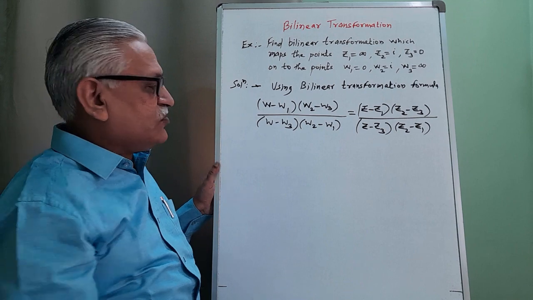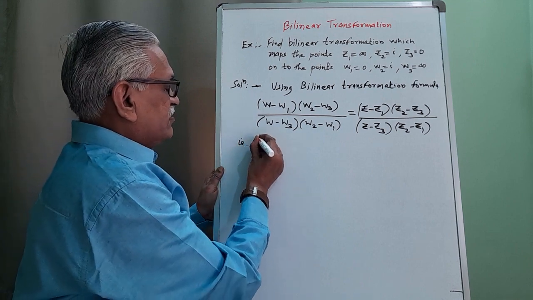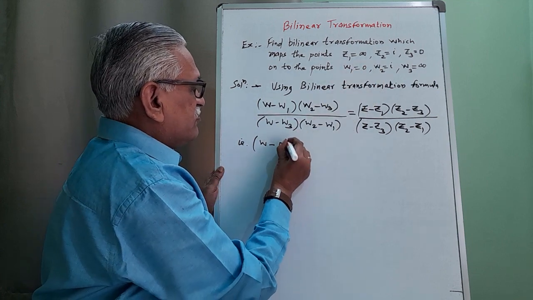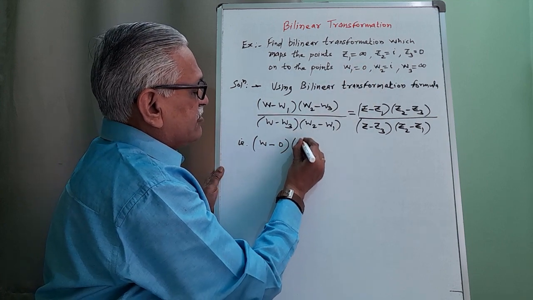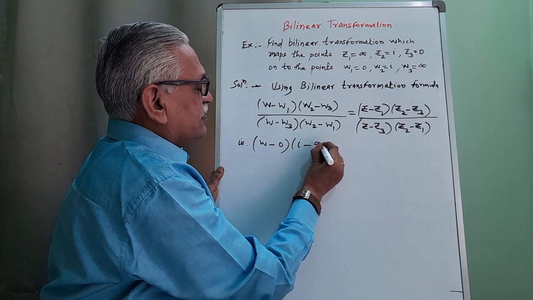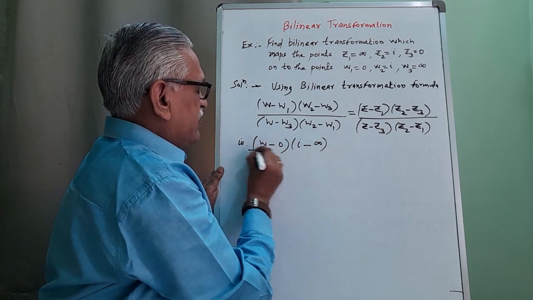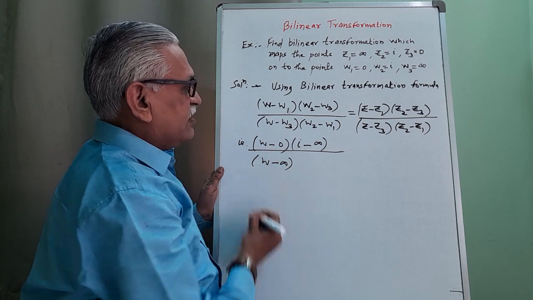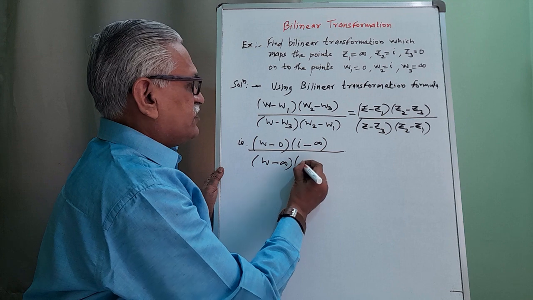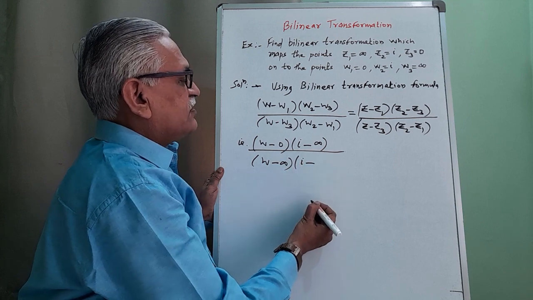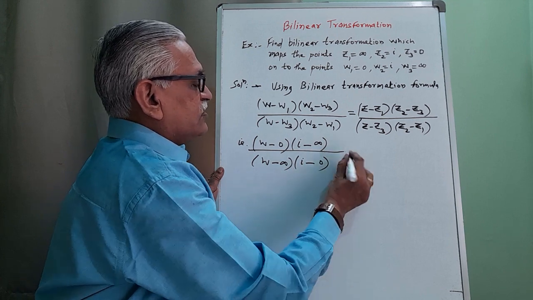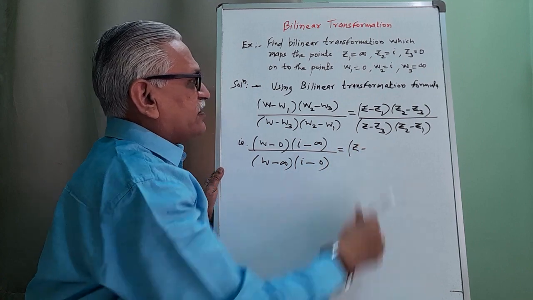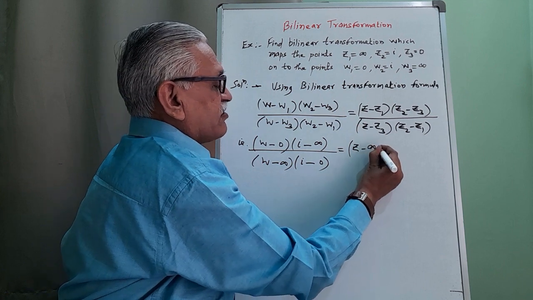And then substituting the values, we get W minus W1, the value of W1 is 0, W2 is i, minus W3, it is infinity, divided by W minus W3, W3 is infinity, W2 is i, minus W1, 0, and that is equal to Z minus Z1, it is infinity.